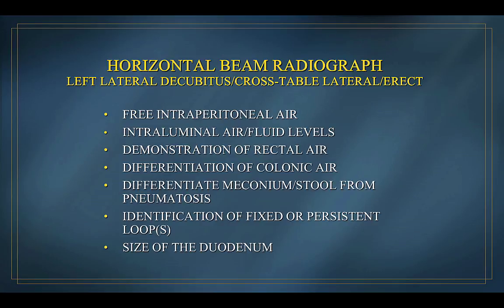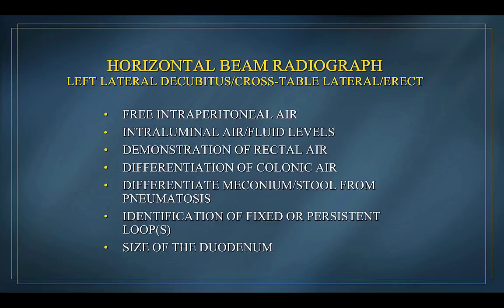But the importance of the left lateral decubitus film is not just to look for free intraperitoneal air and intraperitoneal air fluid levels. And I may as well say it right now: intraluminal air fluid levels have a lot more significance in newborns and preemie growers than they do in infants, children or adults.